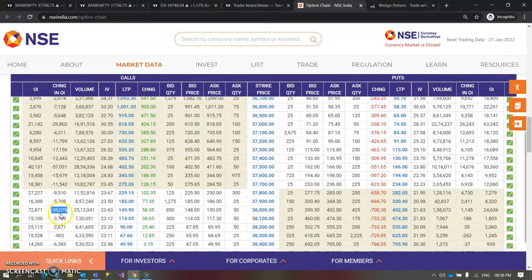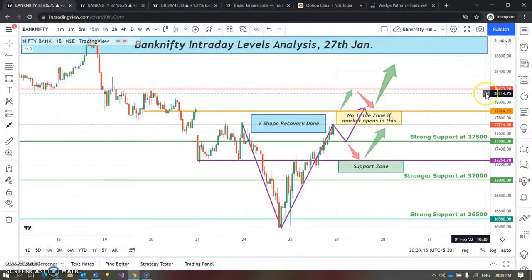So minus 35,000 contracts have exited their position. So on a round figure level, out of 70,000, half of them are gone. And if we look on the support side, 37,500, we have 50,000 contracts. So the support would be stronger than the resistance level, but still just be cautious around the 38,000 level or the level marked over this.